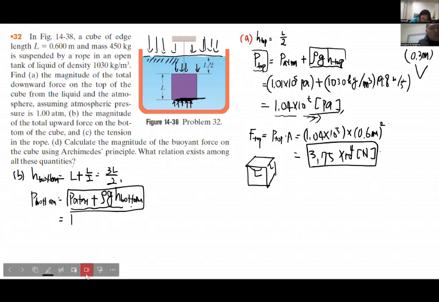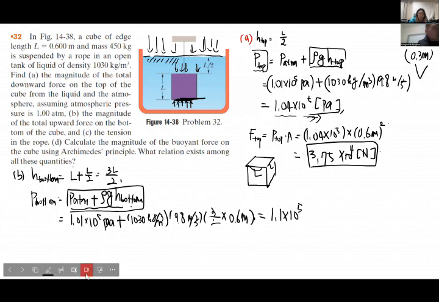That is 1.01 times 10 to the 5 Pascal, plus 1030 kilogram per cubic meter times 9.8 meter per second squared, and the depth of the bottom is 3 over 2 times L, 0.6 meter. You plug them all in, then that should be 1.1 times 10 to the 5 Pascal.